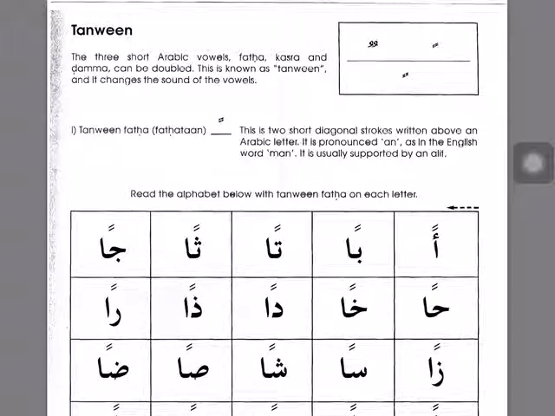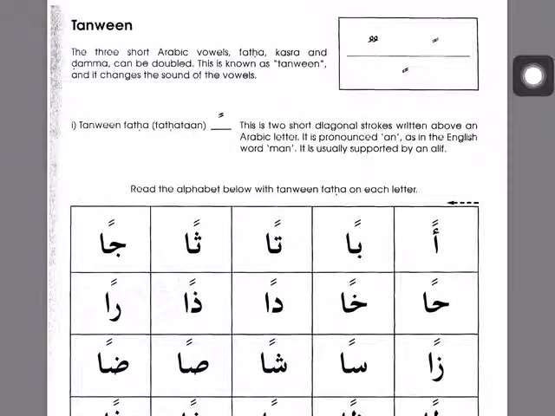And as I explained in the class, this is when we have our nunation sound, when the short a sound becomes an, and when the short e sound becomes in, and when the short u sound becomes un. So here is an, in, un. If it's underneath a letter, then it's going to be in. But both an and un go above the letter.